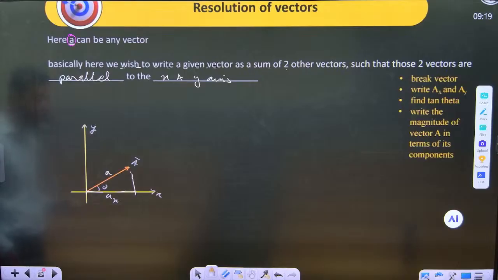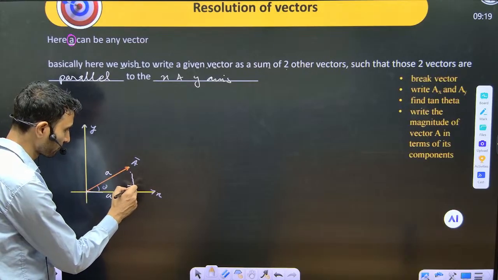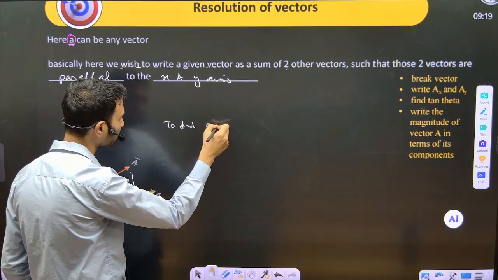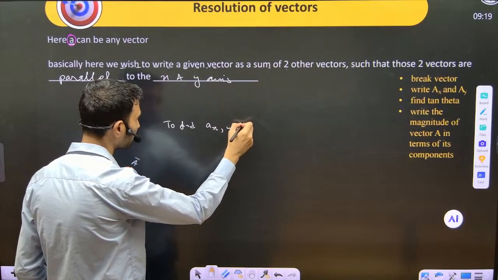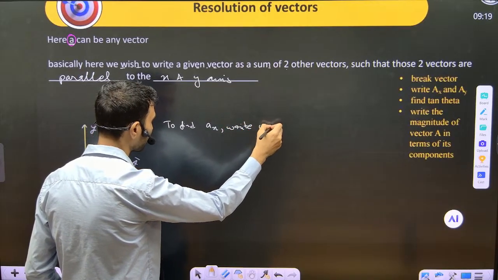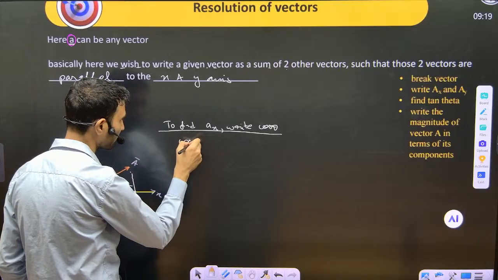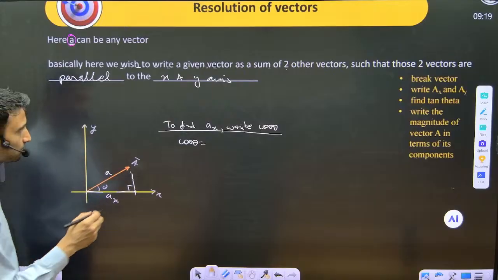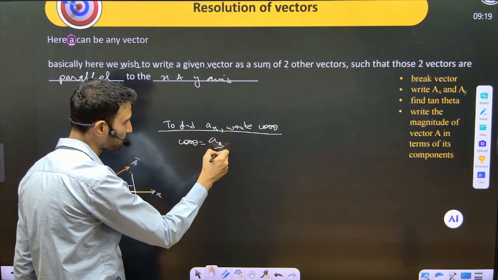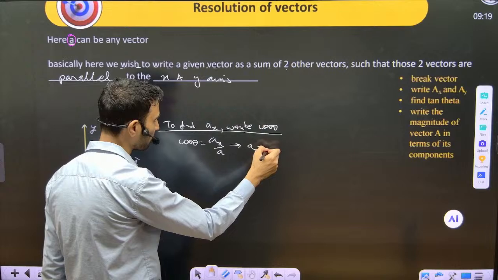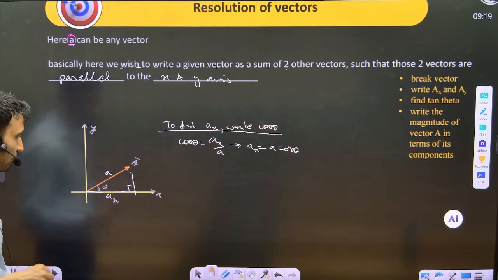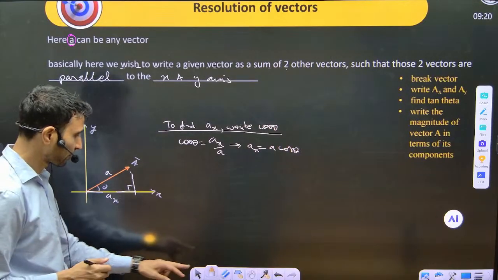And to find out AX, write cos theta. So cos theta is equal to how much? AX upon A, and that gives me AX is A cos theta. Got it?